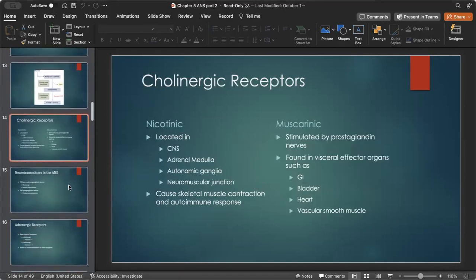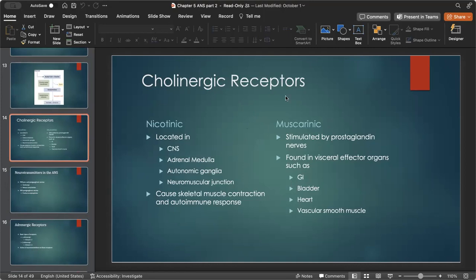So we have cholinergic receptors, whereas the adrenergic receptors were the alphas and the betas. In this, we have the nicotinic and muscarinic. The nicotinic we'll get more into in a different system, but the main ones that you're going to be seeing in these classes of drugs are the muscarinic receptors, where these work in different places.